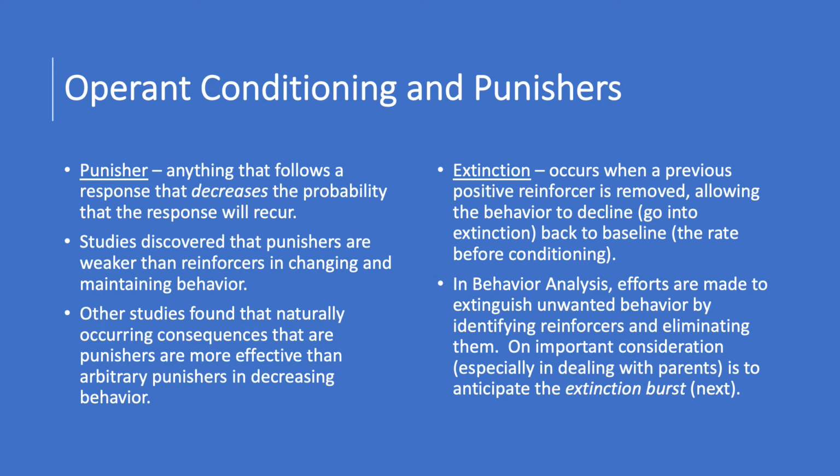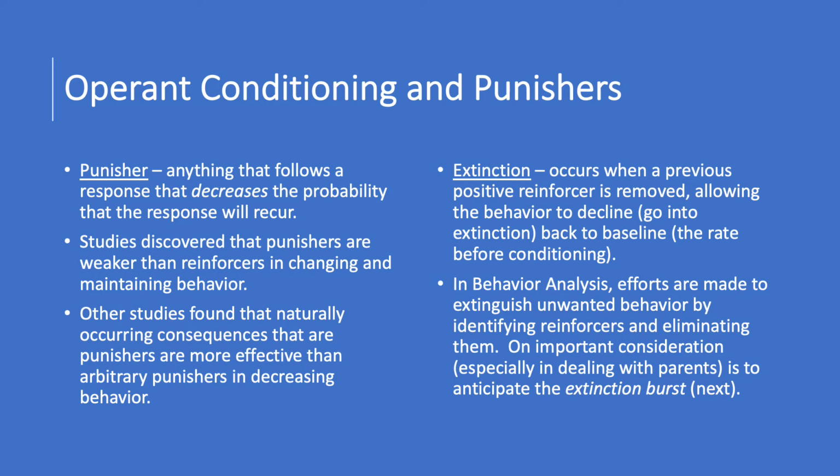Now the other way to weaken a behavior is to identify the reinforcer that strengthened it to begin with and that's maintaining it, and remove that reinforcer. That's called extinction. So, for example, with bullies, their behavior is usually maintained by the attention they get from bullying or the sense of power they get.